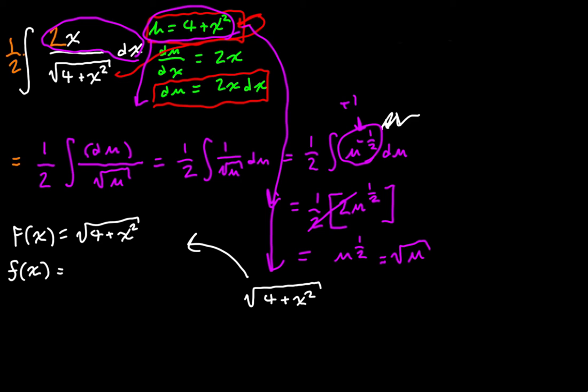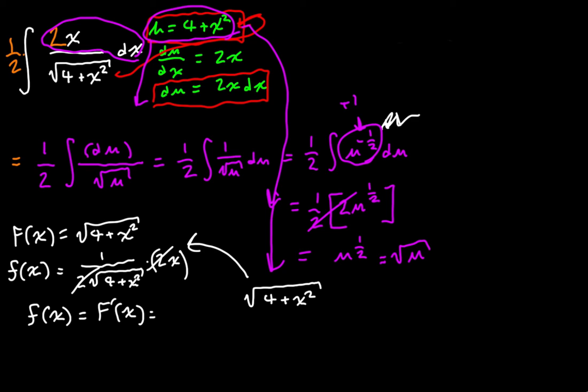We're going to use the chain rule to find that f of x is equal to, right? Look at the outside function first, the square root. You probably remember that the derivative of that is going to be 1 over 2 times the square root of our function. Then we have to keep our function in there, multiply that by the derivative of the inside, which is going to be 2x. And we're going to get that our f of x, which is, of course, the derivative of capital F of x, is going to be, the 2's cancel out, x over the square root of 4 plus x squared.